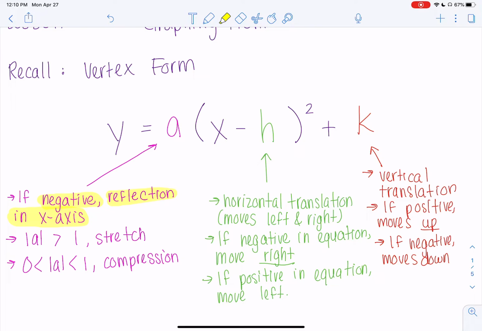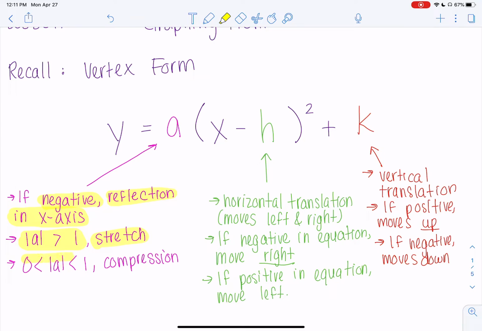Remember, we're looking at absolute a, which means that we do not look at the sign. The sign tells us about the reflection, the actual number tells us about our stretch. So if a is bigger than 1, then we have a stretch. If I have 2, 3, 4, something like that, it's going to get tall and skinny, like I grabbed it and stretched it out.